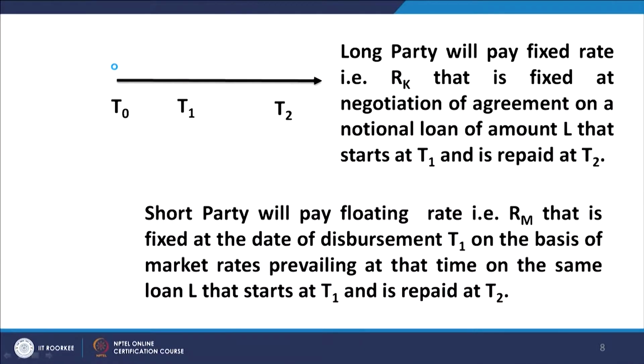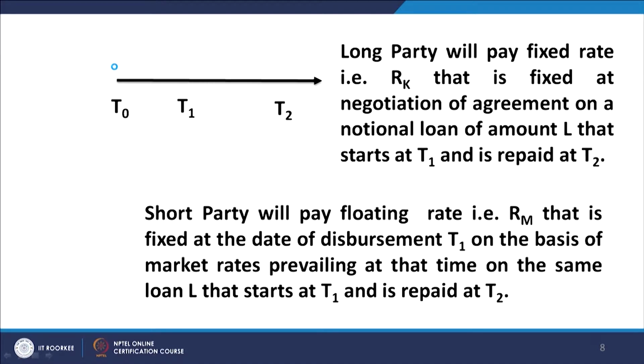The seller of the agreement pays a floating rate. Floating in the sense that it is not fixed at the date of negotiation of the agreement, but it is fixed at the date of disbursement of the loan, or deemed disbursement of the loan at a future date, and both the interests will be for the period t1 to t2, the same period.